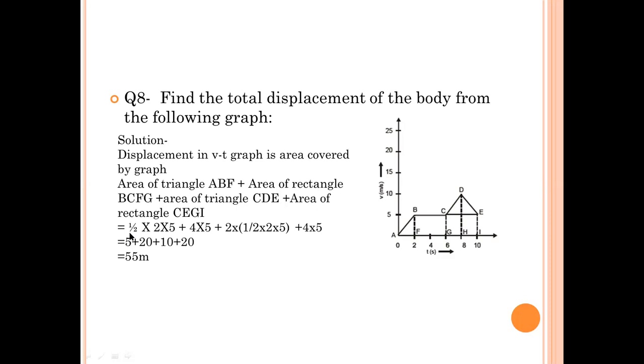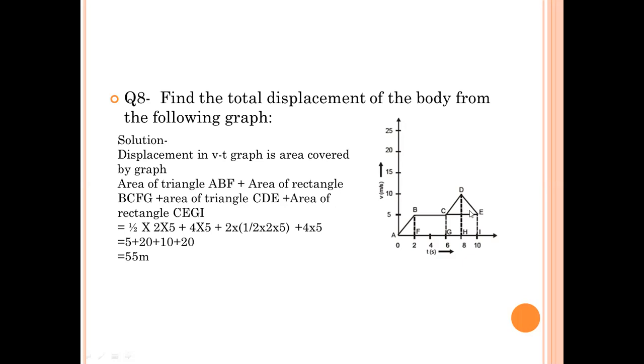अब एरिया ऑफ ए ट्रायंगल क्या हो गया? हाफ इंटू बेस इंटू हाइट, देन रेक्टेंगल का साइड क्रॉस साइड, लेंथ क्रॉस ब्रेड्थ। देन यहाँ 2 ट्रायंगल हैं तो मैंने इसको कर दिया 2 क्रॉस हाफ बेस इंटू हाइट। बेस हो गया इसका 2, हाइट हो गई अगेन 5. लुक एट द ट्रायंगल CDE.